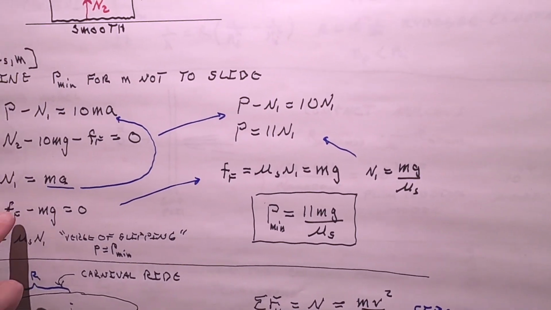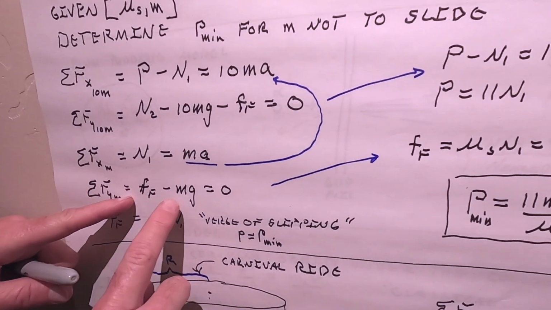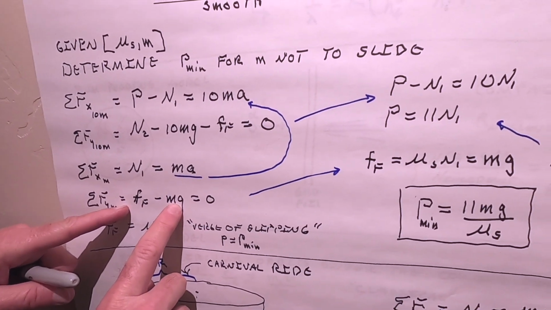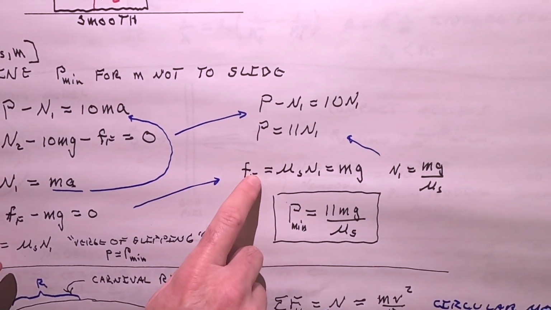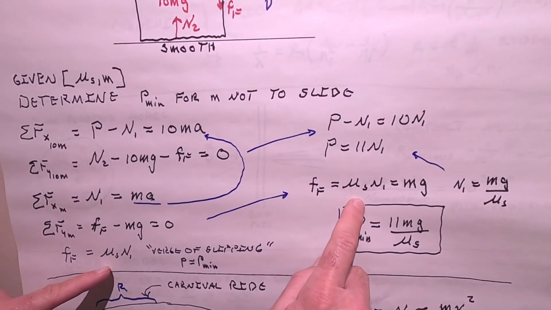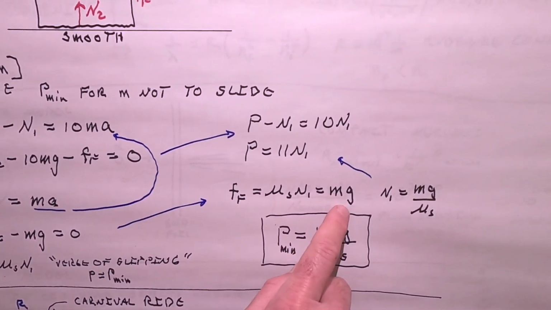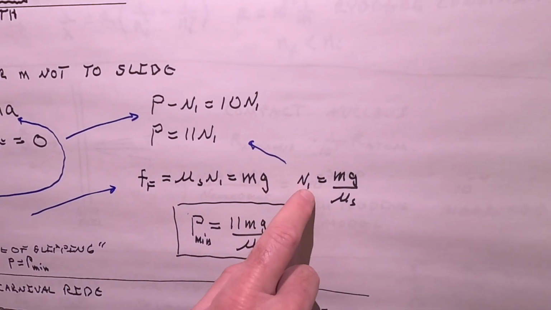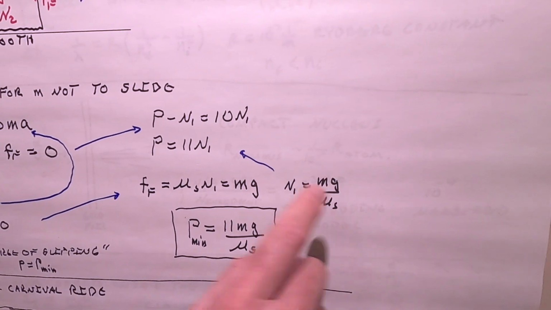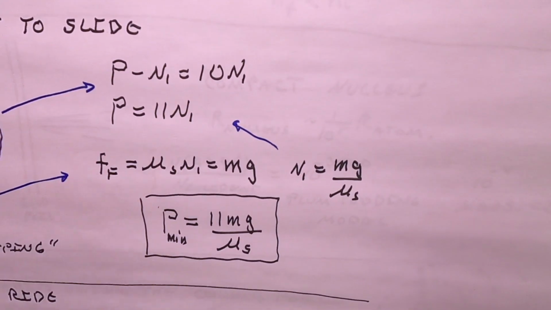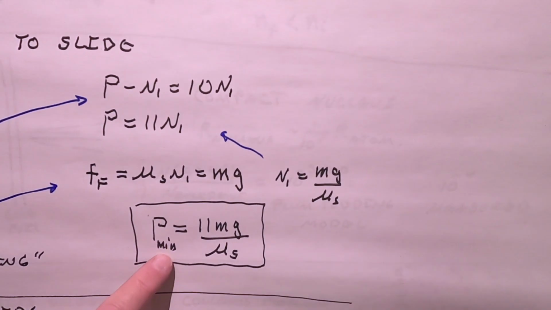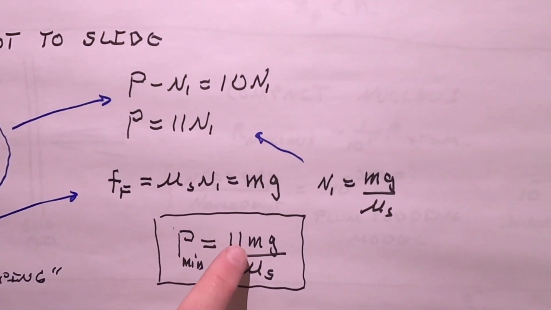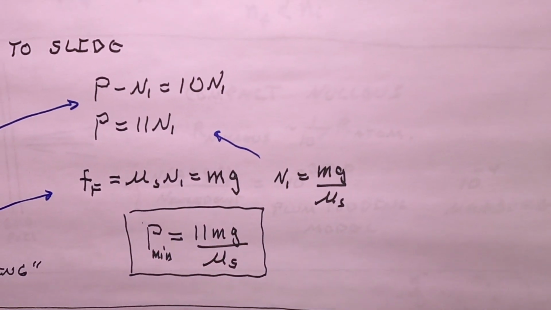Now if we take this equation right here, the friction is equal to mg, and so friction, which is equal to mu s N1, is also equal to mg, so we can get N1. Throw the mu s down below. N1 is mg over mu s, and we'll just put that N1 right up into here. So that minimum force is 11 mg over mu s.